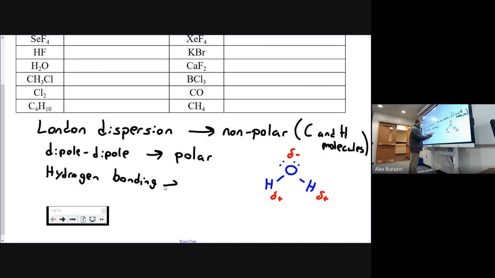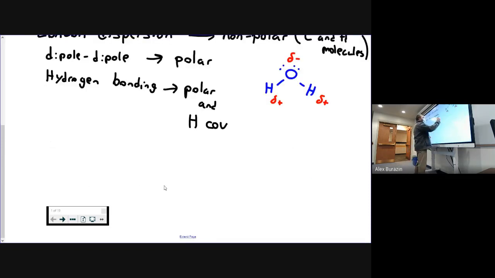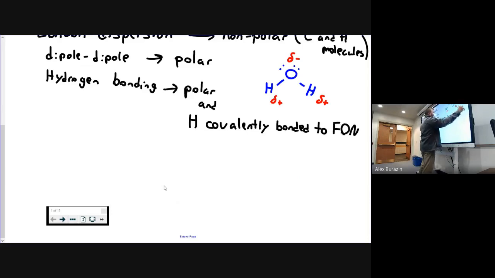So this is also polar, and you need a hydrogen covalently bonded to fluorine, oxygen, or nitrogen.